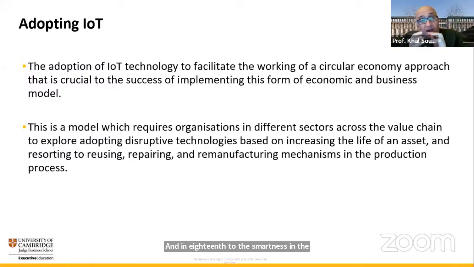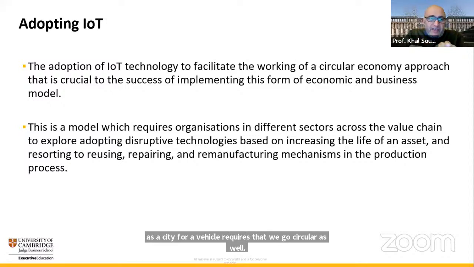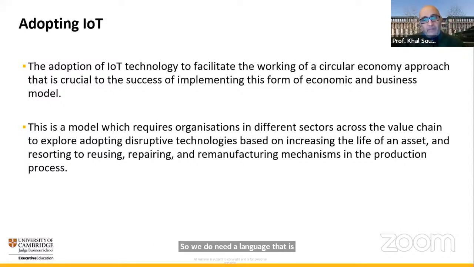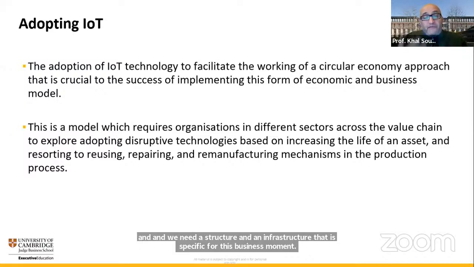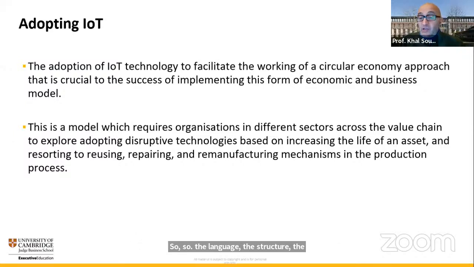And remember, being smart as a city or a vehicle requires that we go circular as well. So we do need a language that is specific for this kind of business model, and a structure and an infrastructure that is specific for this business model. One of them is the Internet of Things.